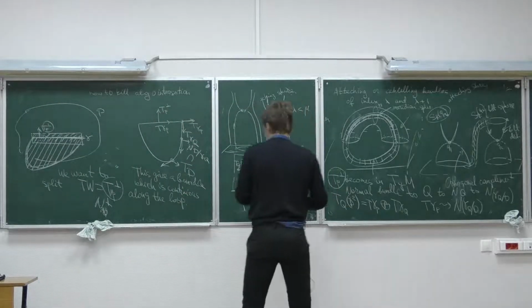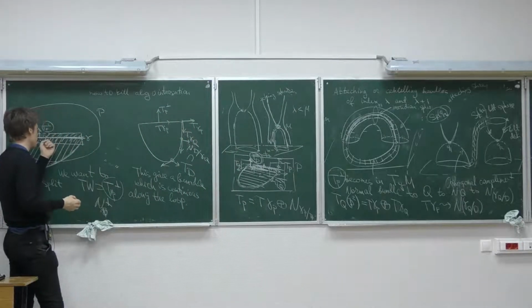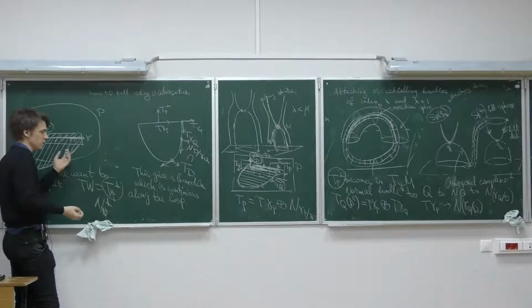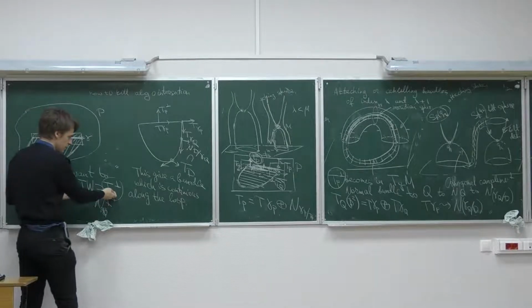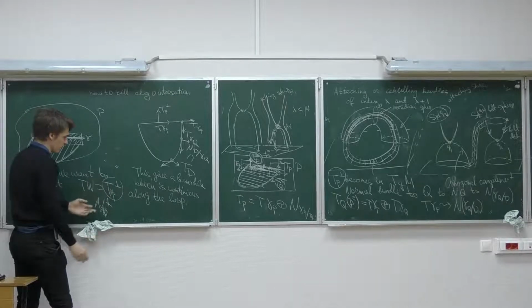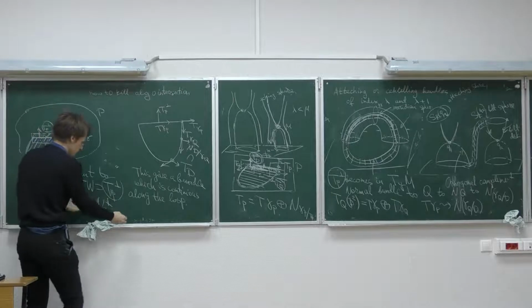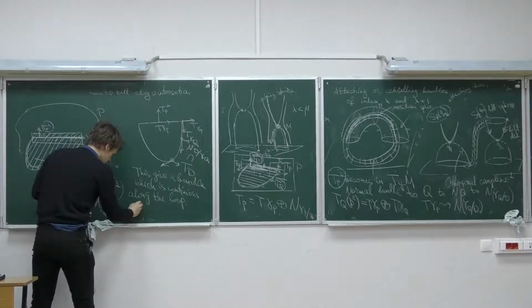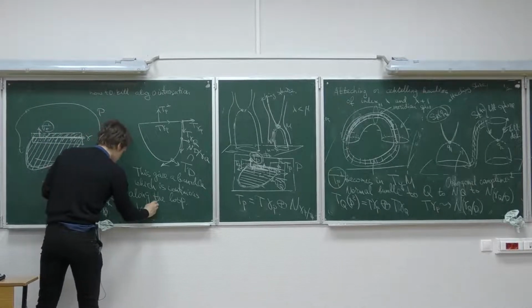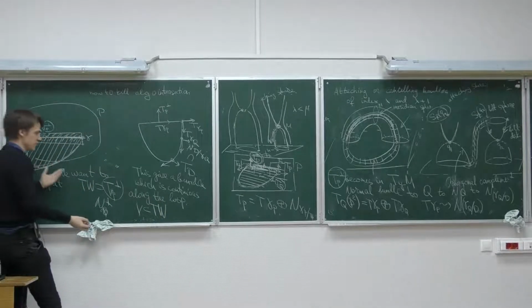So you have the splitting is just saying that you have the corresponding k-dimensional subspace, where k is the dimension of this, just the orthogonal complement everywhere. So you have some k-dimensional subspace in the tangent space of W everywhere along the disk.